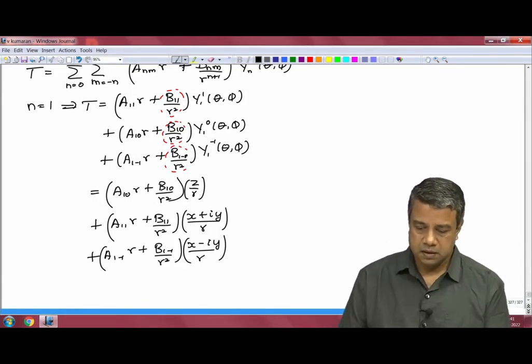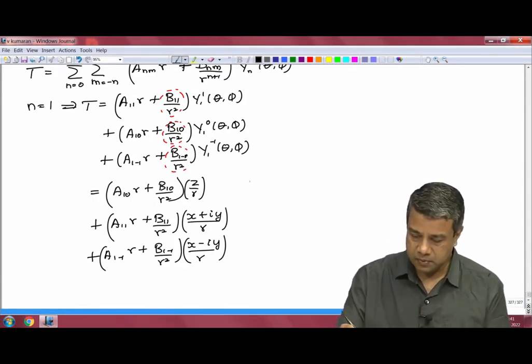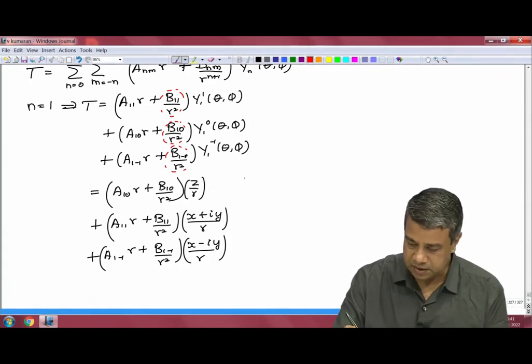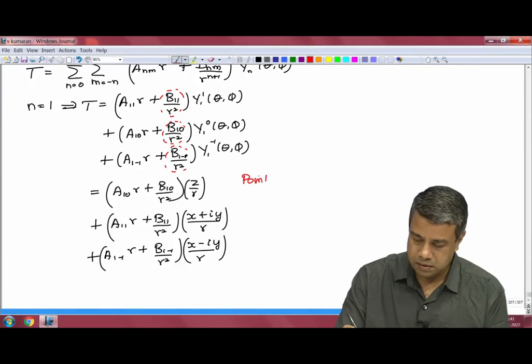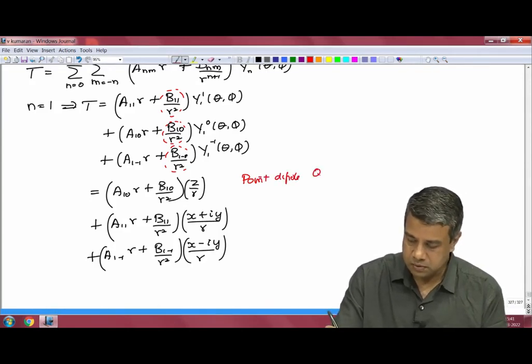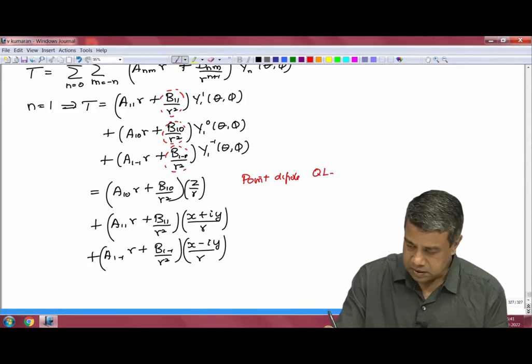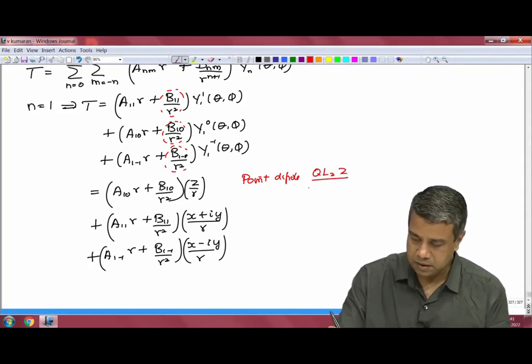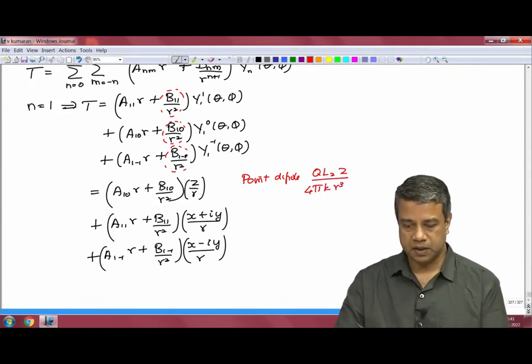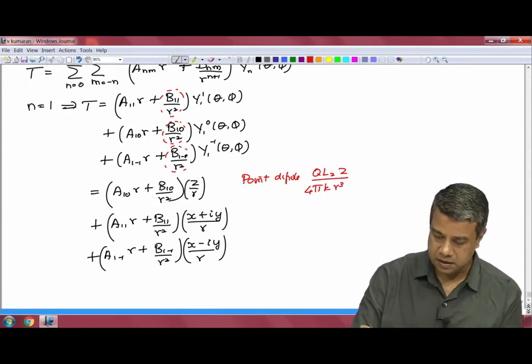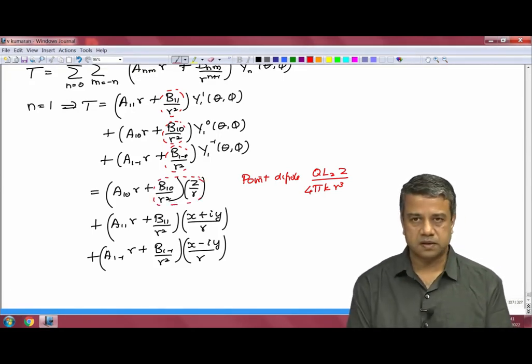So, recall that our point dipole in the z direction was q Lz z by 4 pi k r cubed, which is exactly this combination, z by r cubed times a constant.